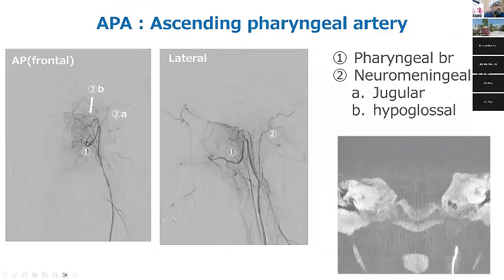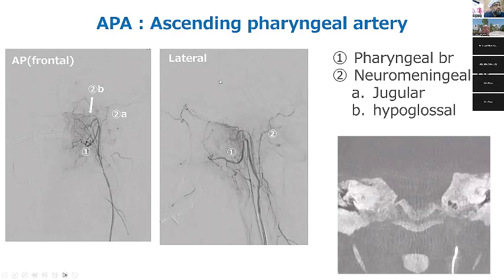Okay, the ascending pharyngeal artery. This is also a very important vessel that supplies the pharynx and lower cranial nerves. There are two main branches: one is the pharyngeal branch, and the other is the neuromeningeal branch. In the frontal view, number one here is the pharyngeal branch.